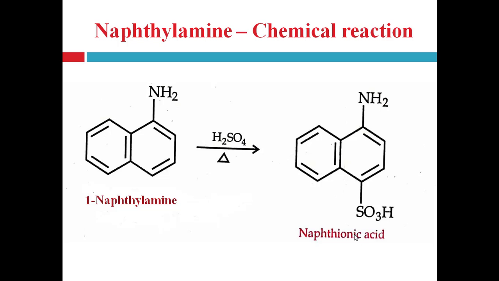And the amino group is an electron releasing group. That's why the substitution occurs at the second or fourth position. So here substitution of the sulfonic acid group occurs at the fourth position, para to the NH2 group, and this structure is known as naphthionic acid.